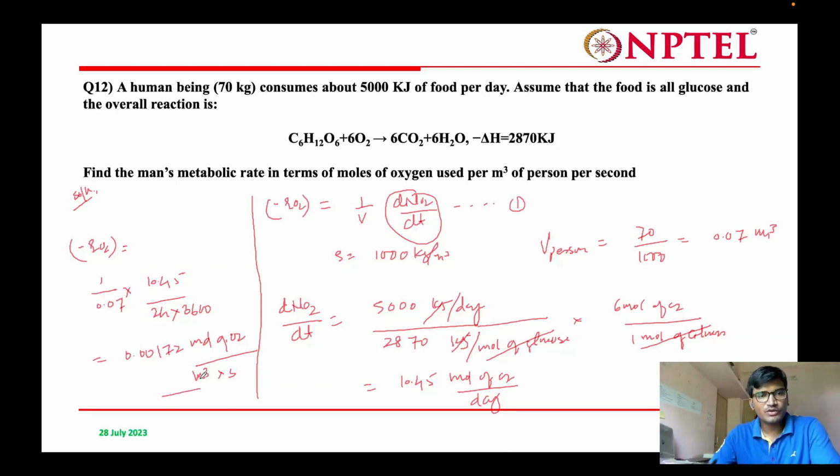This is the metabolic rate of person in terms of mole of oxygen used per meter cube of person per second.